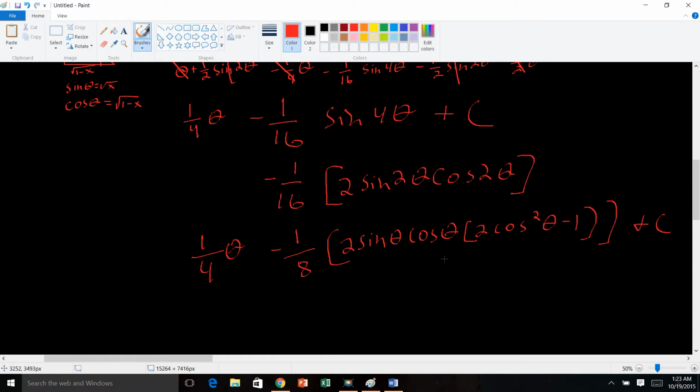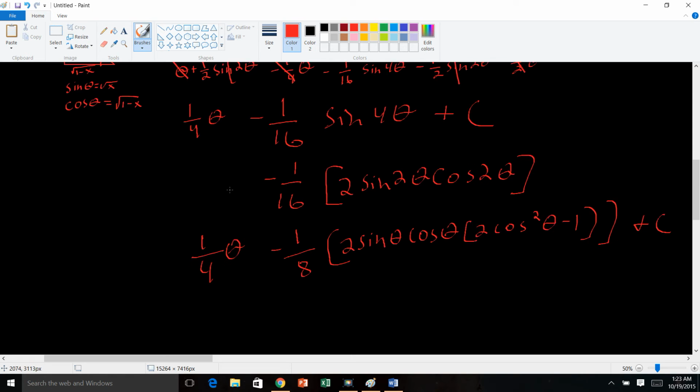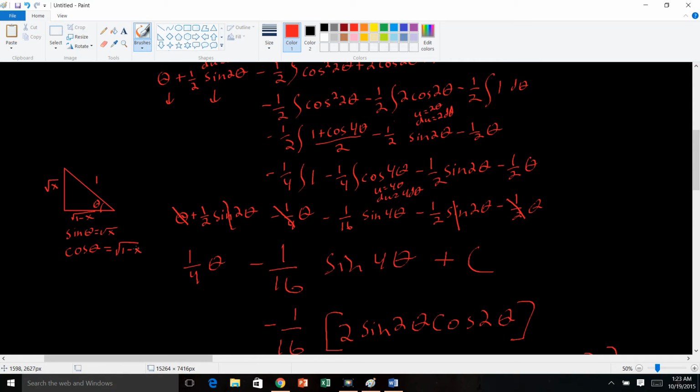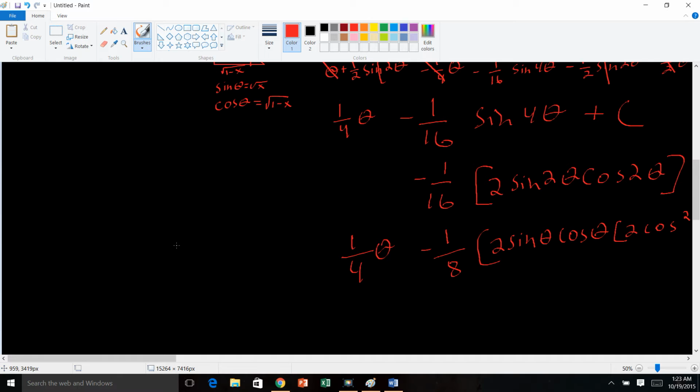Now let's continue the path here. Actually, we know what all these things equal. We just need to figure out what theta equals. So let's go back over here. We know sine theta equals square root x. Then theta equals sine inverse, or arc sine, square root x.